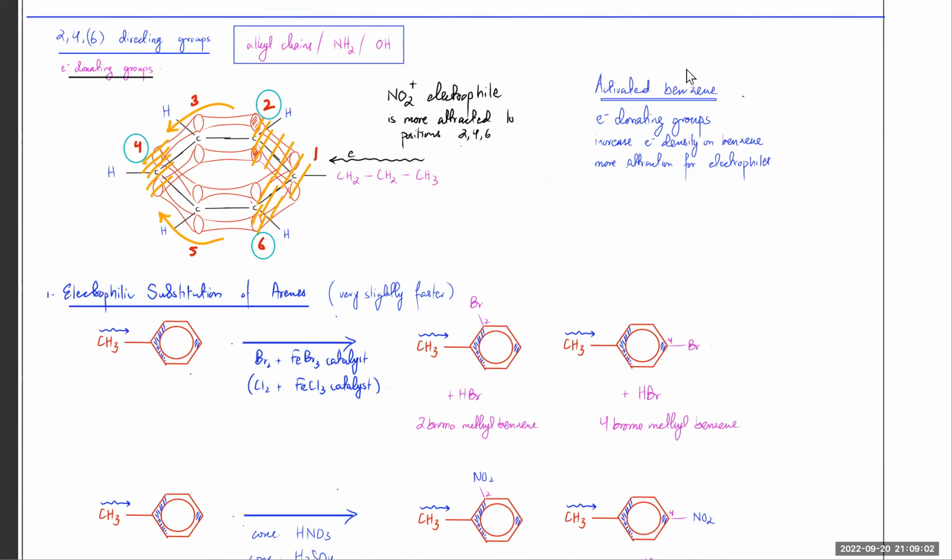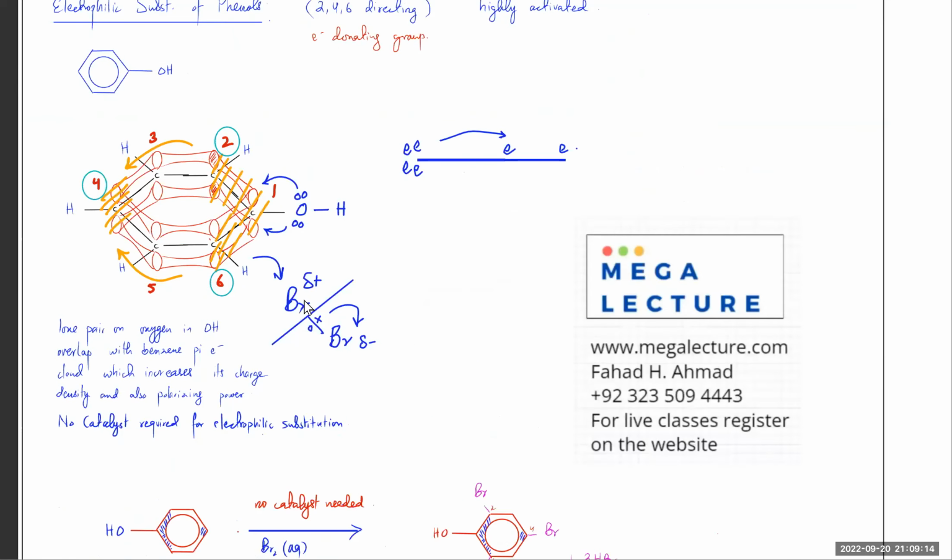So these are activated benzene. The electron donating effect is going to be a lot stronger. So arenes were one that you attach a carbon chain that will activate the benzene. The other ones were phenols, right? The OH does the same. The lone pairs on oxygen overlap with benzene, so the electron density over here becomes greater. And all the other electrons in benzene become concentrated more on this side.